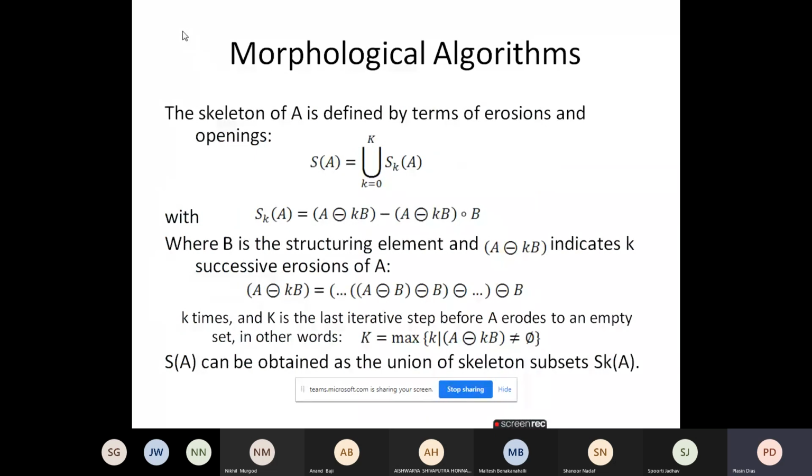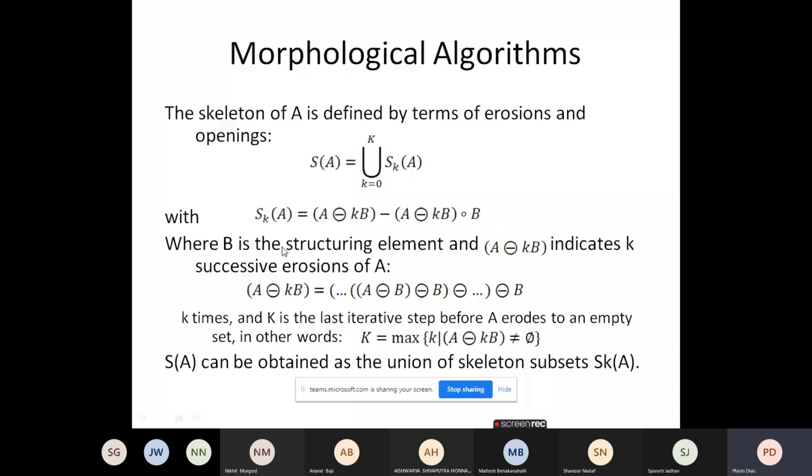Okay, so it involves the operations of erosion and opening for the skeleton of any image A. That's why we write S of A as the union for K equal to 0 to K of Sk of A. So erosion and openings. That's why Sk of A is considered to be the erosion operation, minus the erosion operation followed by opening with B, isn't it? Where B is considered as a structuring element.